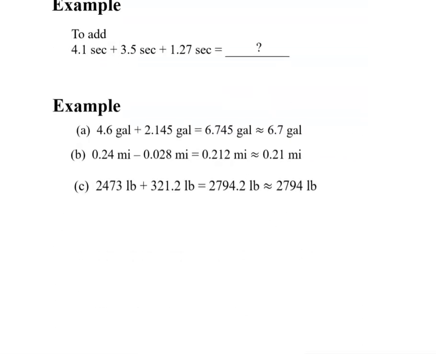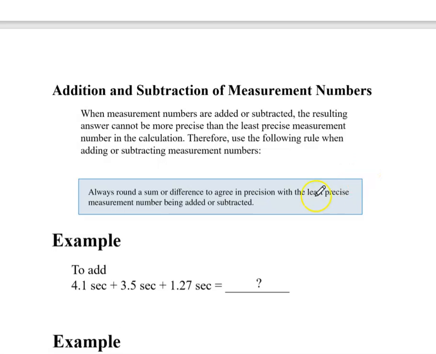Okay, so if we want to add 4.1, 3.5, 1.27. So 4.1 is precise to the tenths place, and 3.5 is precise to the tenths place because it's our smallest decimal, but 1.27 is precise to the hundredths place. So the rule was to always round to the least precise measurement number. So we're going to have to stick with our tenths place whenever we round this number.